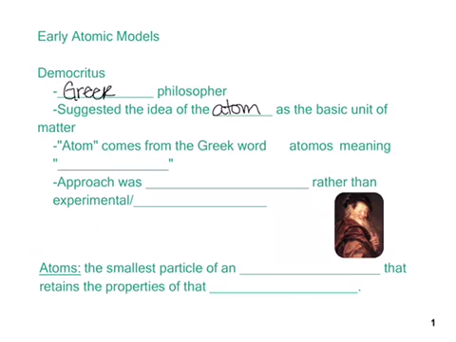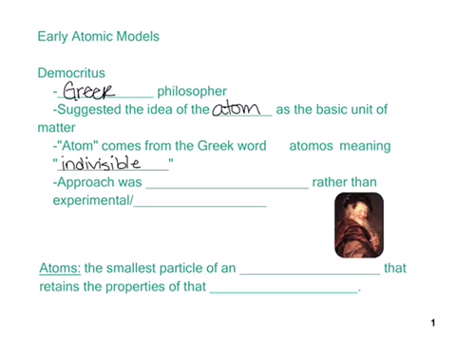And the word atom comes from the Greek word atomos, and that means indivisible. So that basically meant that the atom was the smallest piece of matter and that it couldn't be broken down into anything smaller.